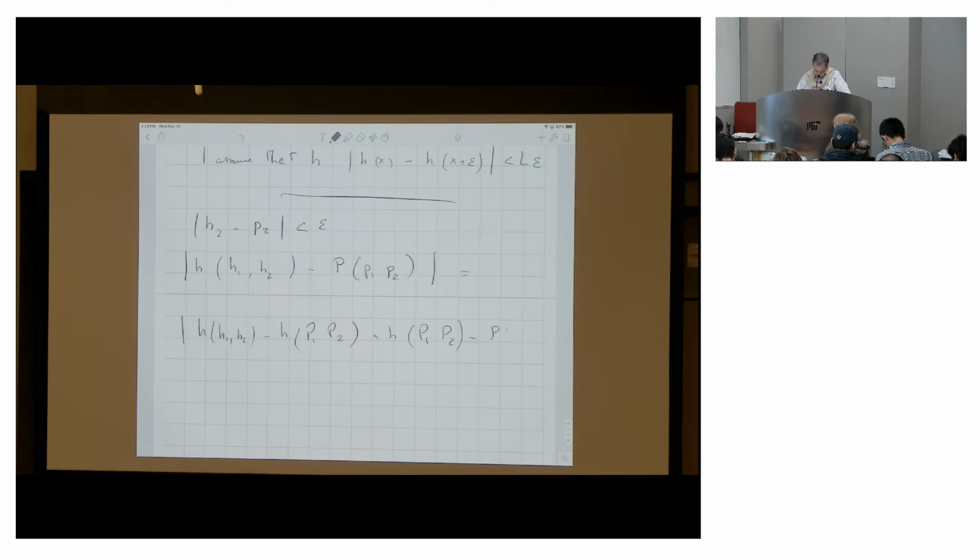So far I have not done anything, but now I use, I guess it's called the Minkowski inequality.